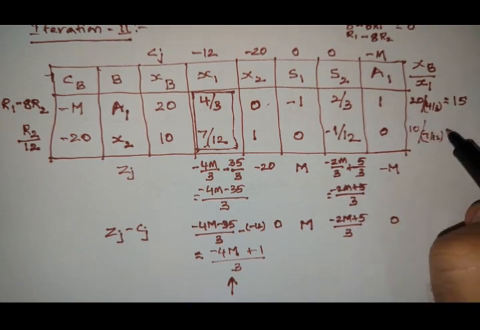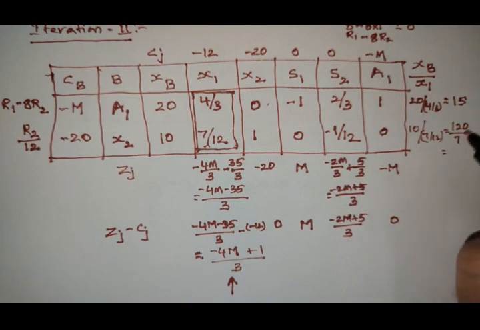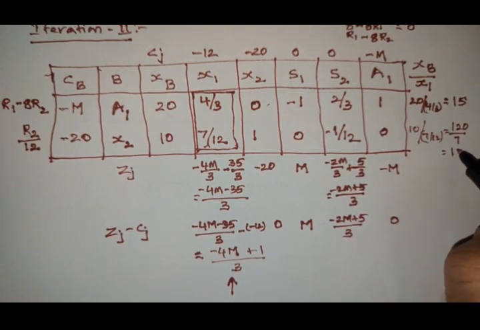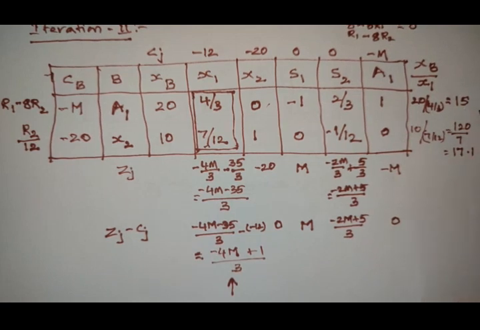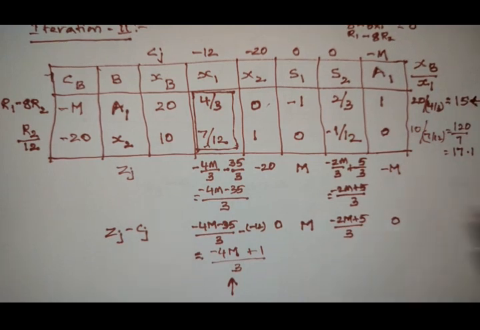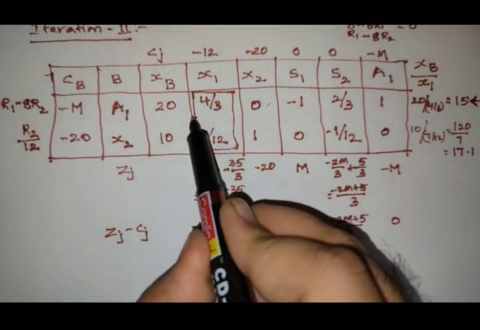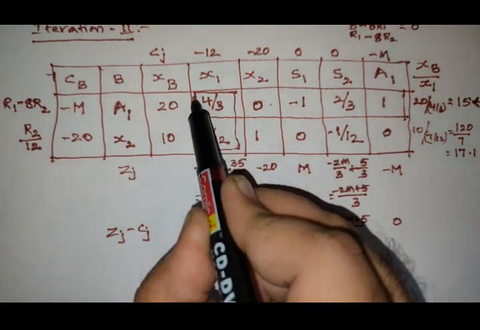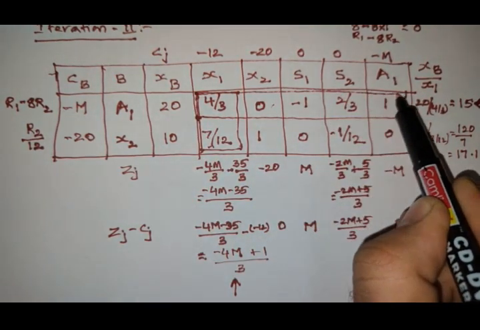So then you will get 120 by 7. 120 by 7 means, just for comparison purposes I am doing, we will get 17.1. So here it is 15, here it is 17.1. What is the minimal value? 15. So now I am selecting this one. So now what is the key row? So the first row will become the key row.